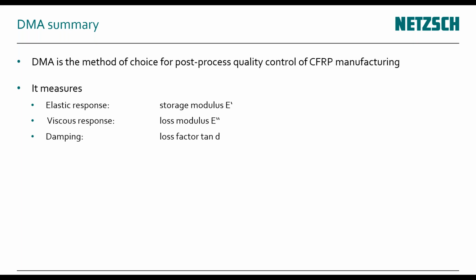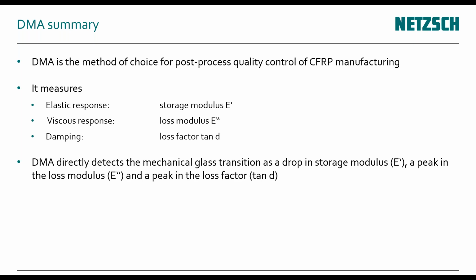We measure the viscous response of our sample, which is the loss modulus, E double prime, referring to the liquid-like behavior, so the energy uptake of my material. And the third parameter is the damping, the loss factor, tan delta. From these three parameters, we can learn a lot about our material behavior.